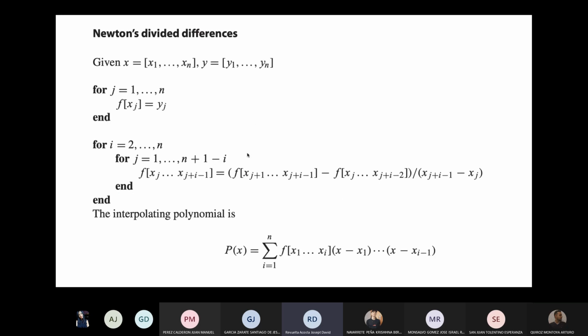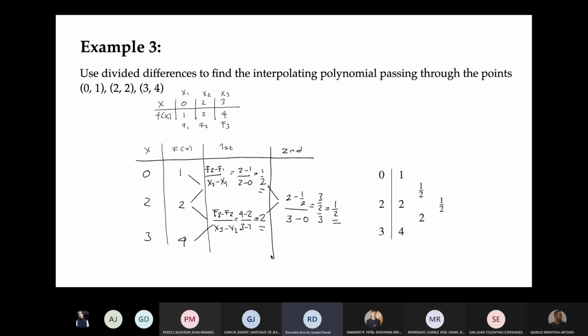I'll show you two ways: the way I can actually code it and the way I'm going to do it by hand. Once you know how to do it by hand, you'll see that this is a piece of cake. This is the pseudocode, but let's start first by hand. So this is the Newton divided differences.